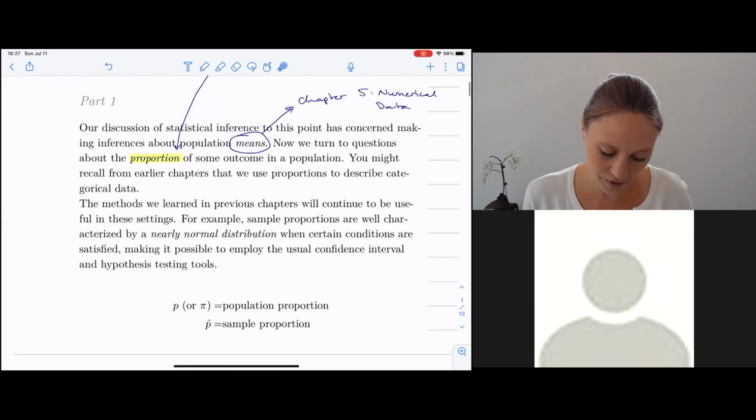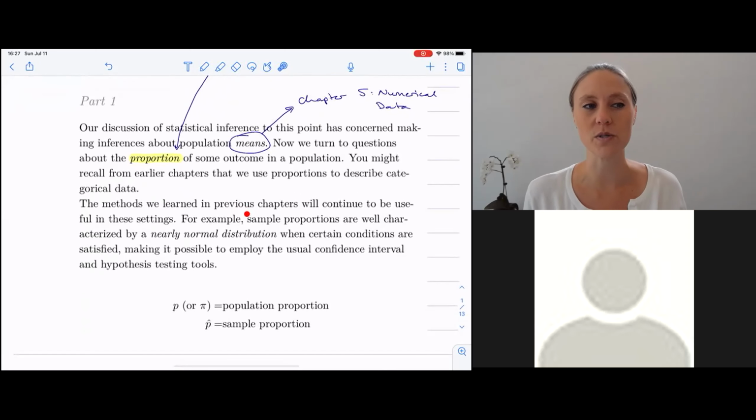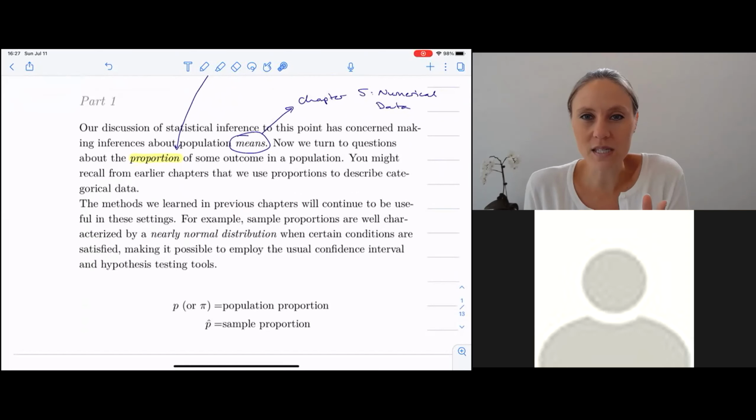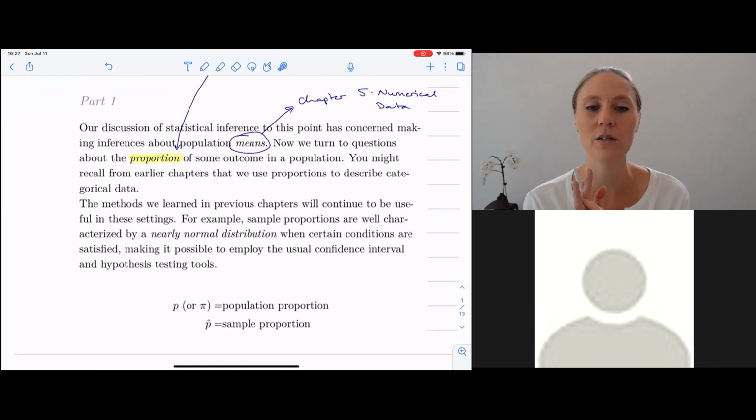Everything that we've learned so far, we're still going to use. I'm thinking specifically about the z-scores from before. We use t-scores, so t-tests, in Chapter 5 for numerical data as soon as we're talking about a mean, whether that's comparing one mean to some hypothesized value, or a matched pairs situation, which is still one mean, or two independent sample means that you want to compare.